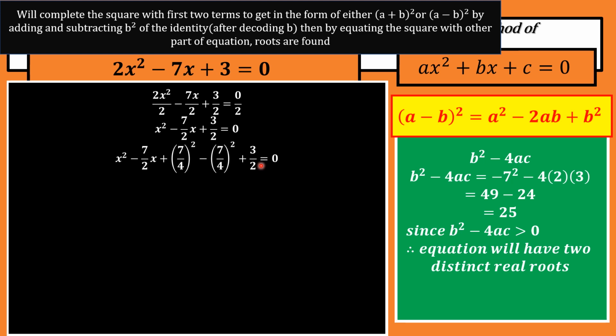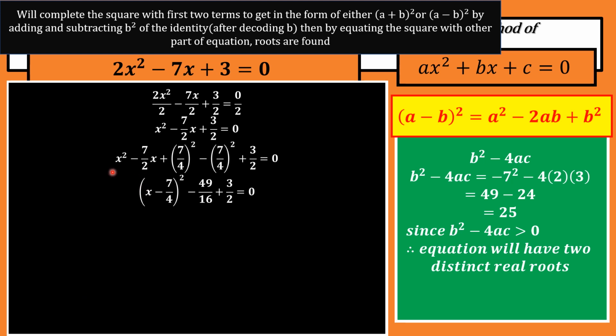Understood this? The first two terms are as they are, and then we will take half of the coefficient of x, square it, add it and subtract it simultaneously, and then the remaining term, that is the constant term of the equation, in this case 3 upon 2, is equal to 0. Now see, we have completed the square.